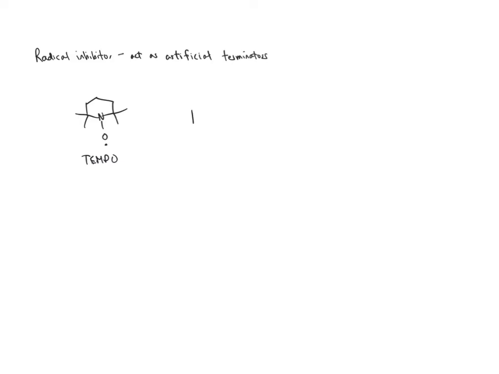Another type of radical inhibitor are the molecules here, BHA and BHT. These are phenolic, because they have an aromatic alcohol-like functional group.